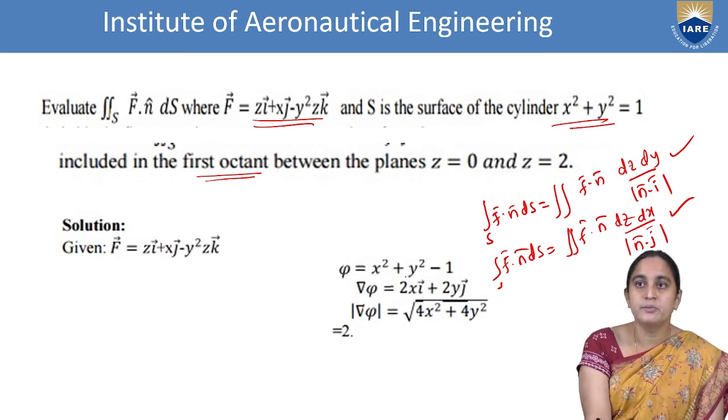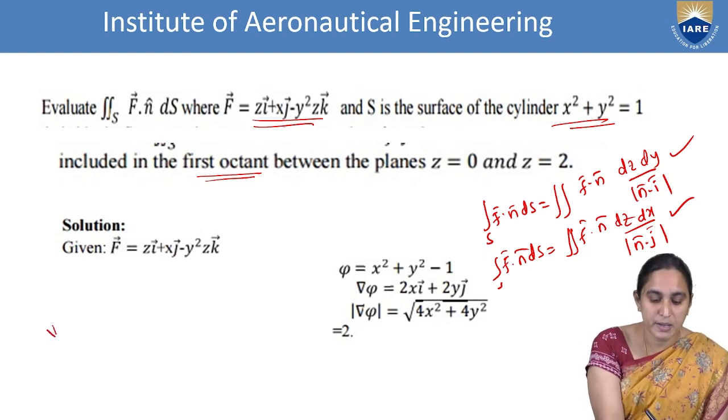Let us assume the cylinder equation is phi equal to x square plus y square minus 1. Then calculate del phi.